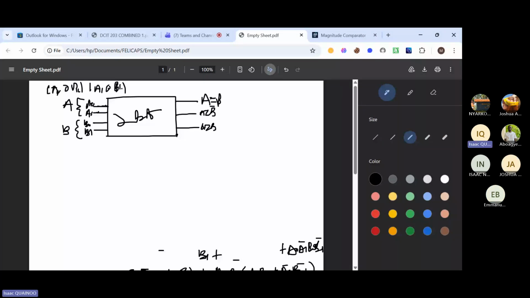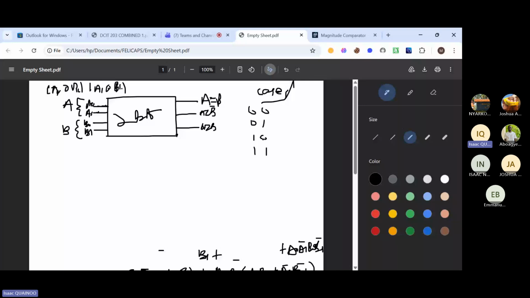Let's call it cases. So what are all the cases where A will be greater than B? What are the sets of all cases? We can have 0 and 0, we can have 0 and 1, we can have 1 and 0, and we can have 1 and 1.